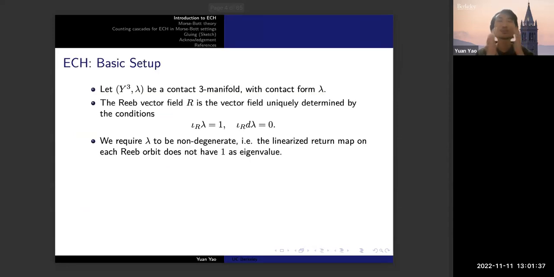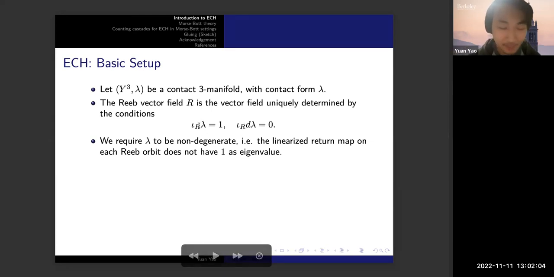So, introduction to ECH. The shortest way to say this is that ECH is a Floer theory for contact 3-manifolds with generators Reeb orbits and differential counting holomorphic currents. Let me give you the basic setup. You have a contact 3-manifold with a contact form lambda. Associated to this lambda, there's a Reeb vector field that's uniquely determined by these two equations.